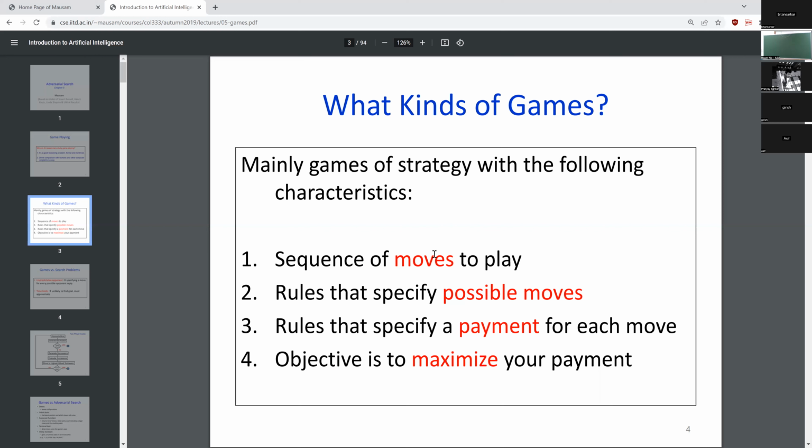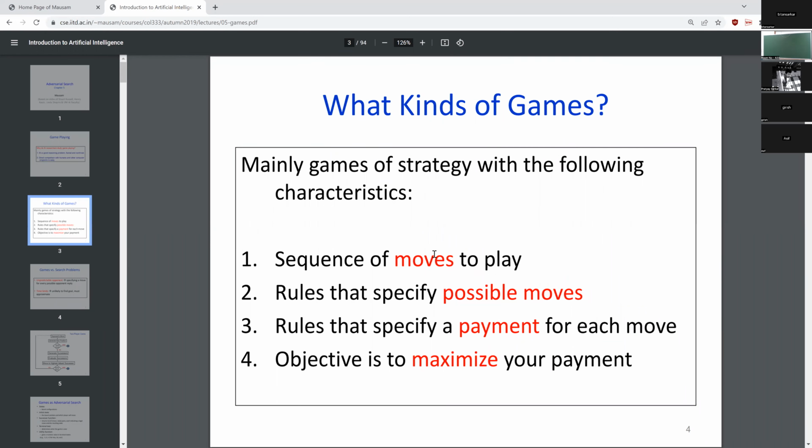That's the objective, and in the program, this objective is captured by means of a utility function which you want to maximize. So your AI agent, if it is playing a game of chess, would like to maximize a utility function. The utility function is a function on the state of the game.